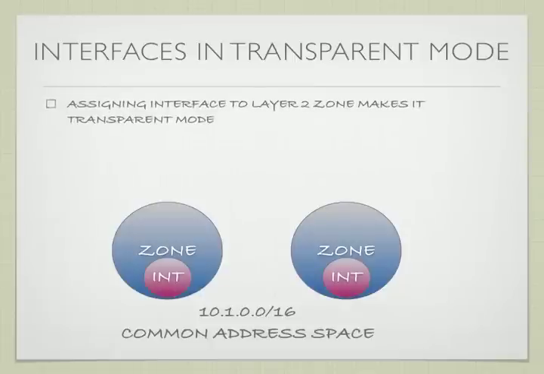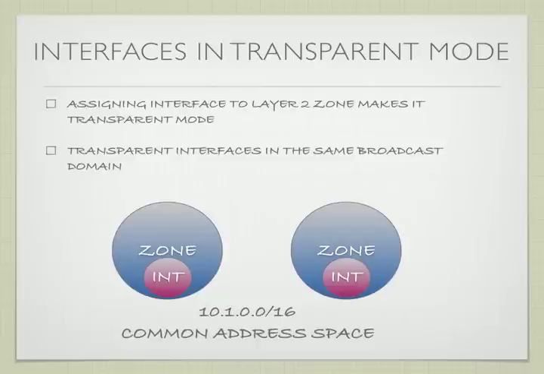So you're assigning an interface to the layer 2 zone, just like you do any other configuration, but all of the zones and all of the interfaces have to have a common address space and be in the same broadcast domain. So that's the restriction. In this case, we're just showing 10.1.0.0/16. So every device that the traffic is transiting the ScreenOS device is going to be in this broadcast domain.